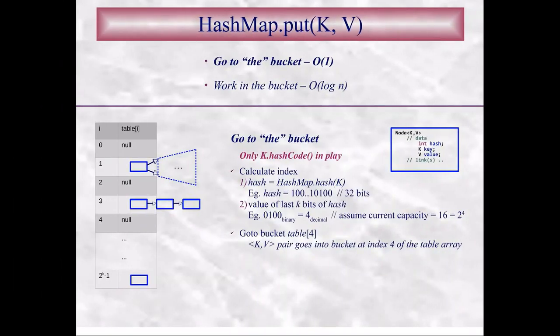So let's put it all together on the put operation. Let's see what happens behind the scenes when we put an entry, a key value pair, into the hash. So we have a hash. We are passing in a key and a value for that entry to be put into that hash.